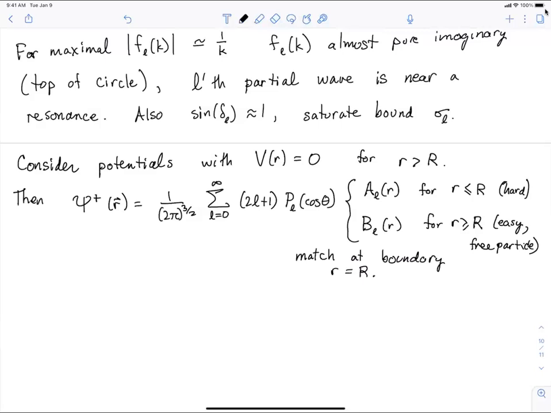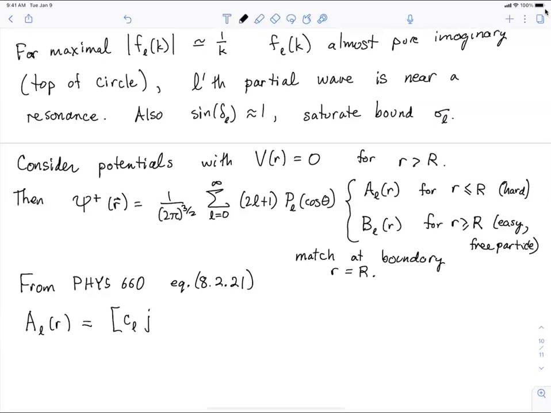Okay, so let me remind you from Physics 660 what we wrote down for a free particle in spherical coordinates. And in the notes, this is equation 8.2.21. And so what we wrote down for the radial wave function is it's got two possible parts. There's a constant C sub L, and it's multiplying a spherical Bessel function.